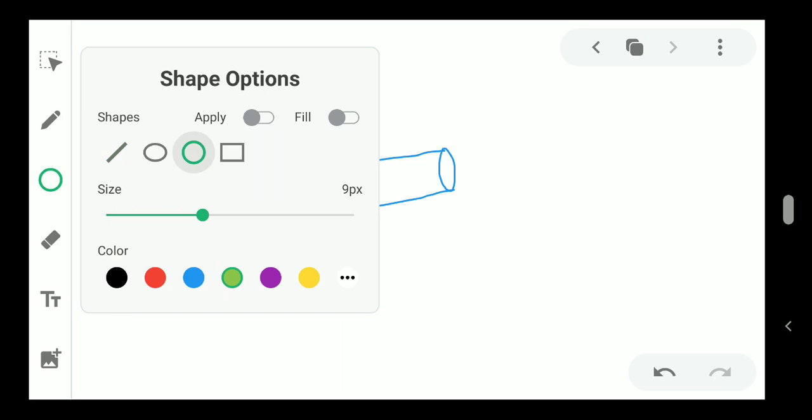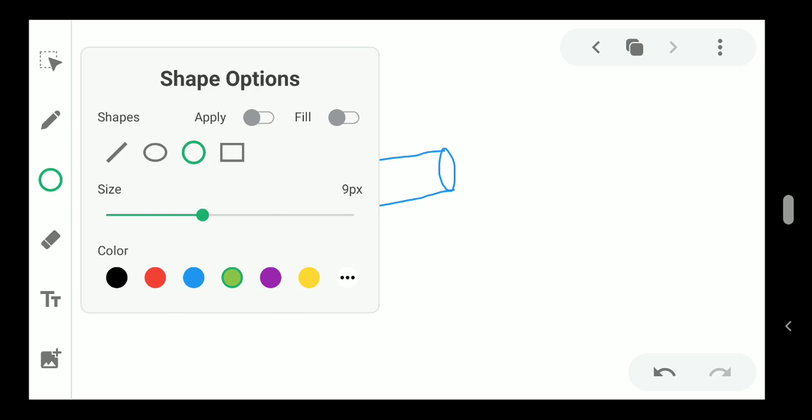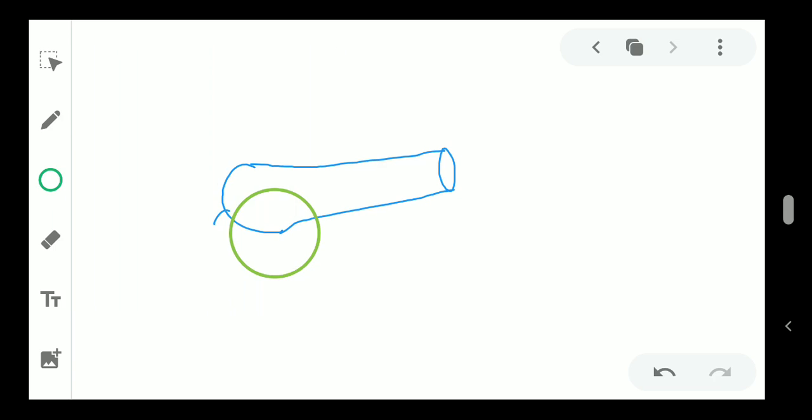Now there is a very interesting thing. If we have a barrel cannon, I'm very bad at drawing, but still, so this is a cannon, let's say, and then let's say we have a ball in it, like the bomb in it.